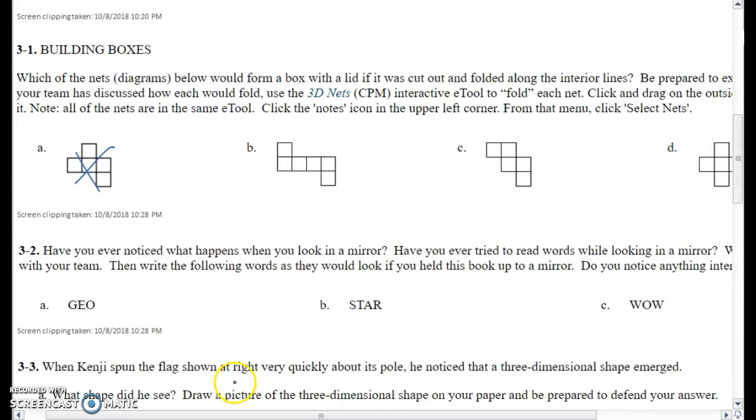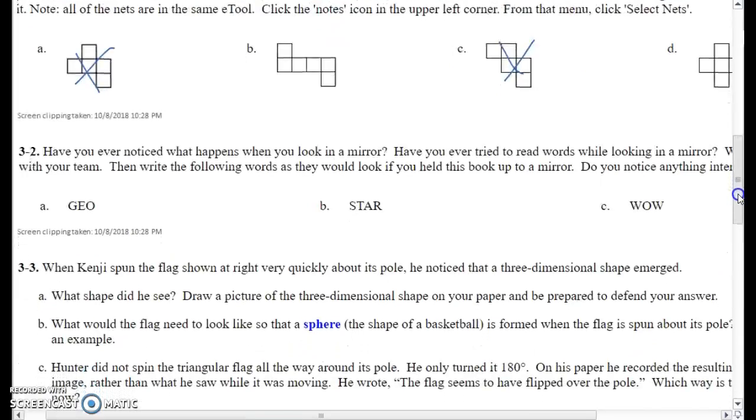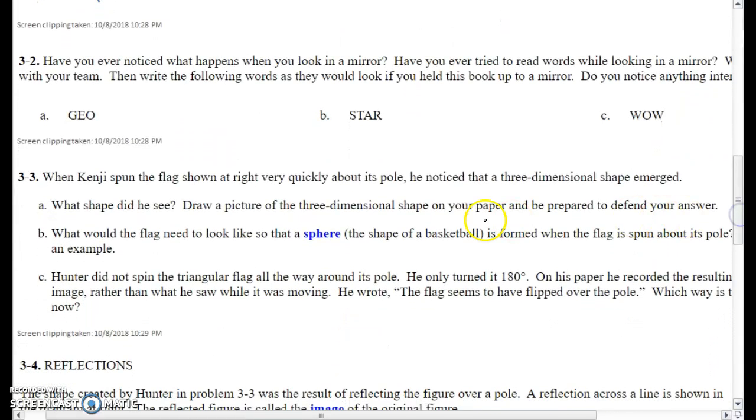And how about C also? Well, we got 1, 2, 3, 4, 5 also. So we know right off the bat, before we even start folding these, that A and C are not possible because they don't have enough sides. Now you could explore B and D. Both of them would be able to give you a cube. But we'll leave that as it is right now.